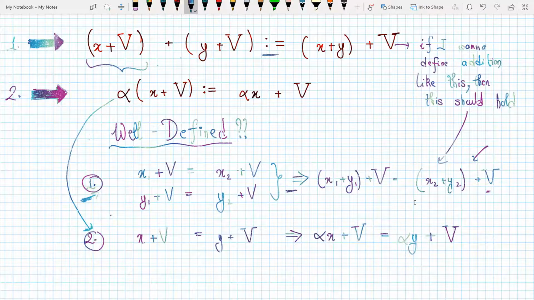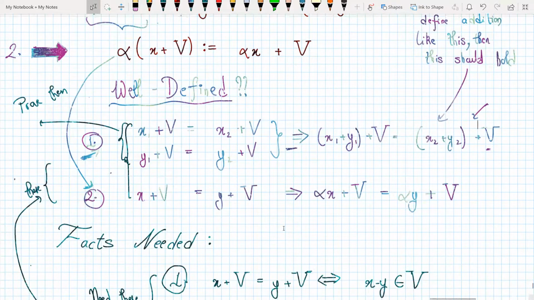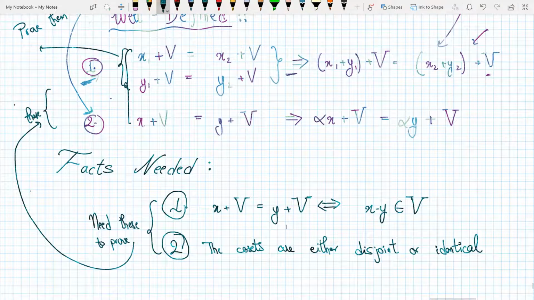That's the reason for doing these two steps. What I mean to say is I need to prove these two arguments so that addition and multiplication become well defined. And in order to prove these two, I need these propositions: I need to first prove this fact, and then I need to prove this.